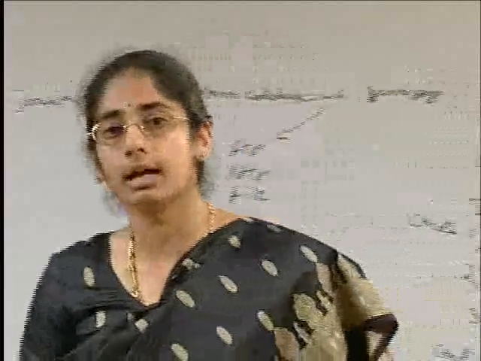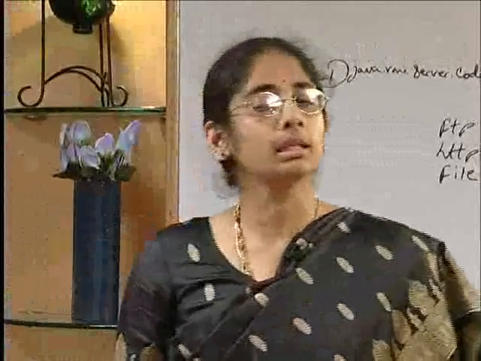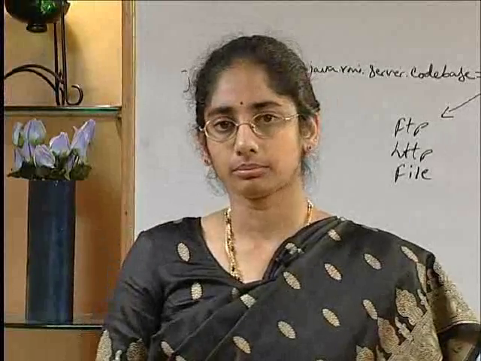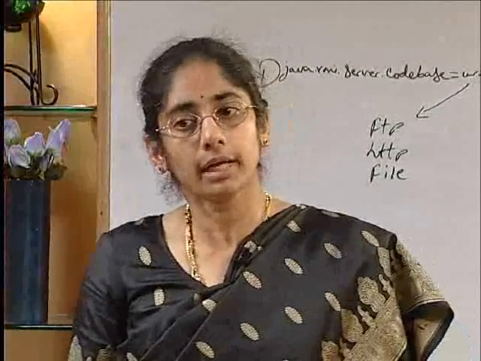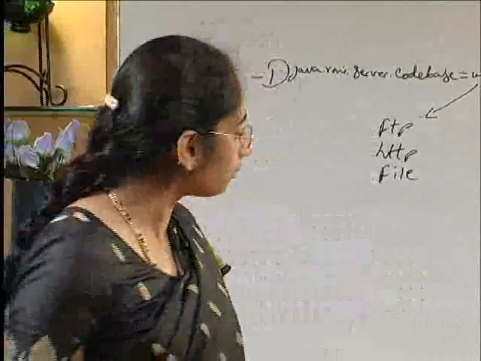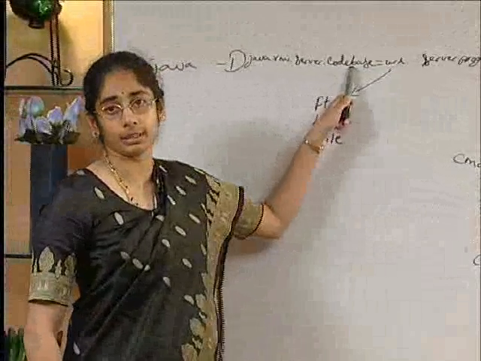For example, a client is sending an object as a parameter, and maybe that class is not available at the server side. Then I would want to dynamically download the class to the server side, and while running the client program, we need to mention the codebase property with the URL.